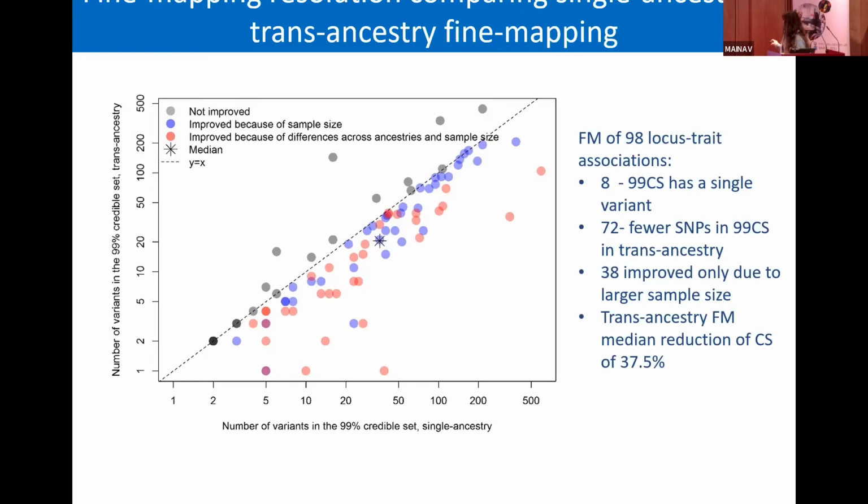And again, we tried to emulate the sample sizes by rescaling standard errors. By doing that, we figured out that about 50% of the loci have improved resolution just because of the increased sample size in the meta-analysis across multiple ancestries. But for another about 50% of those that get better, that's because we're leveraging differences in LD that exist between the different populations.